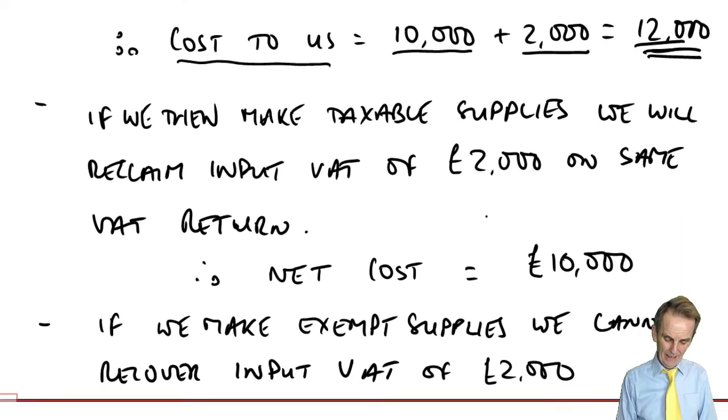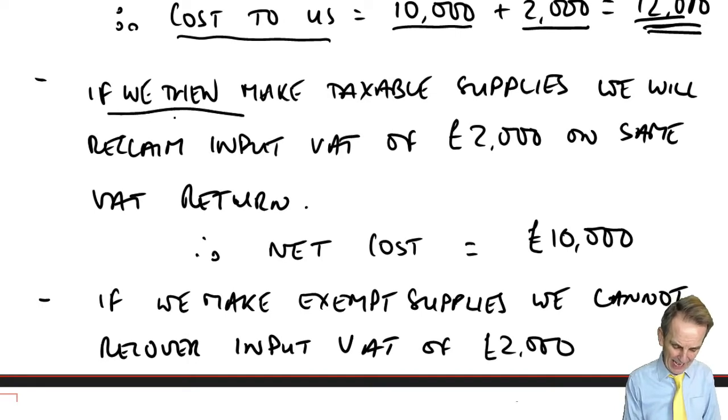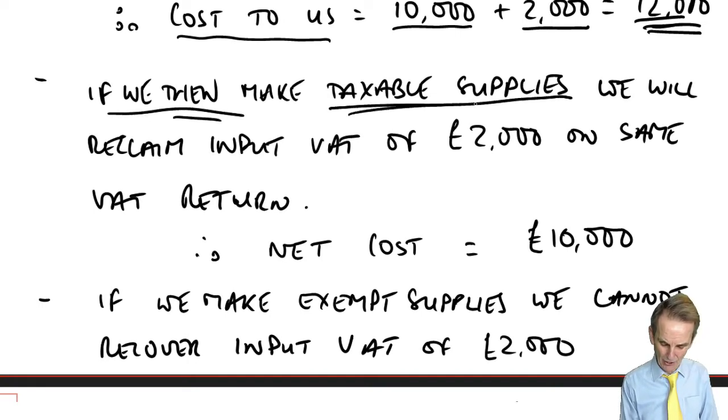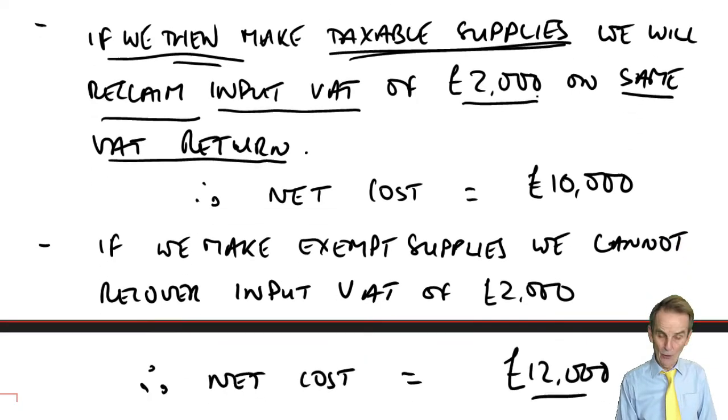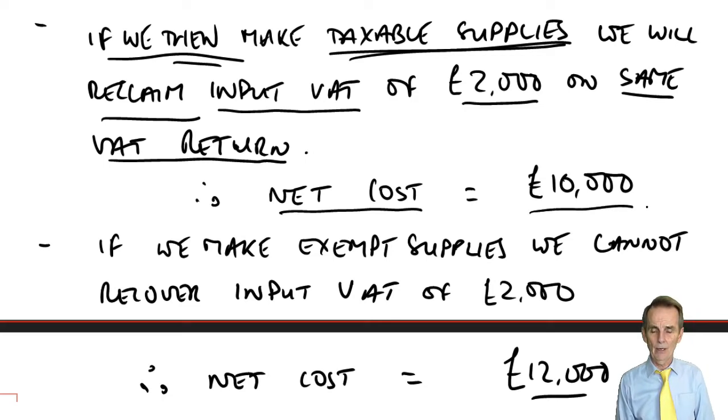If we then make taxable supplies, we will be able to reclaim the input VAT of £2,000 on the same VAT return. So we'll have output VAT of £2,000, input VAT of £2,000, therefore our net cost will be £10,000. If we had bought from the UK supplier, remember what would have happened. We'd have paid them £12,000 in relation to that purchase.